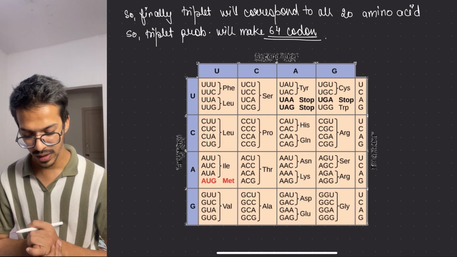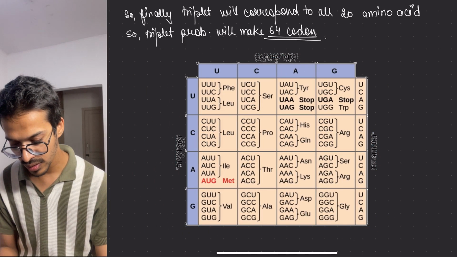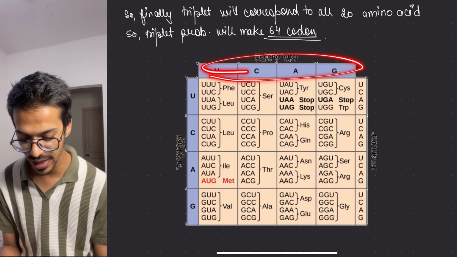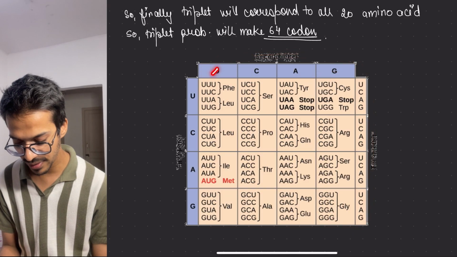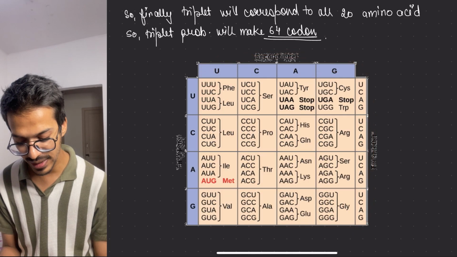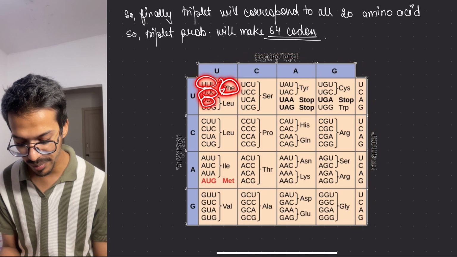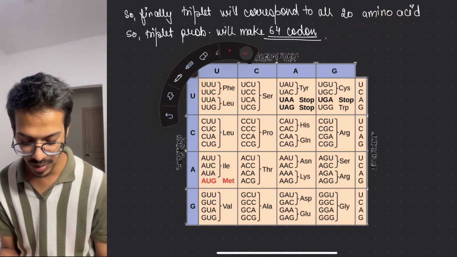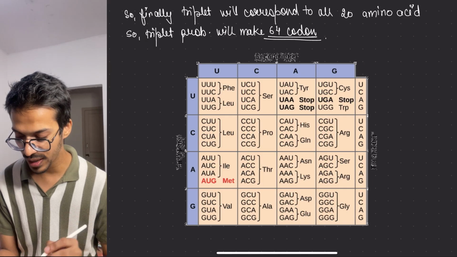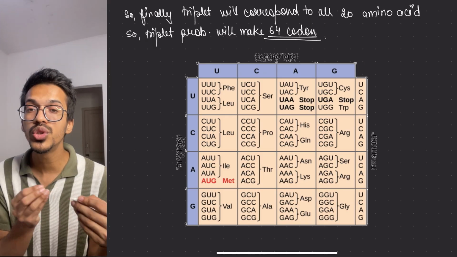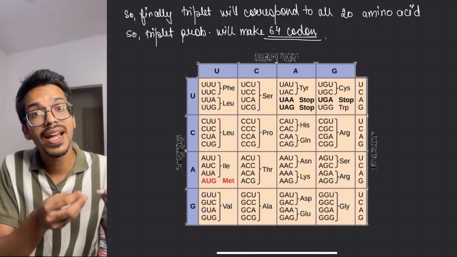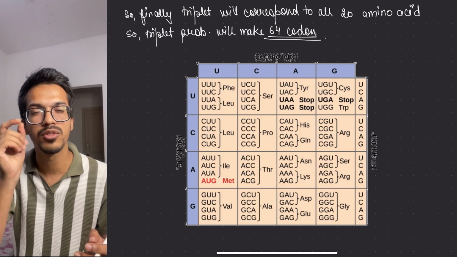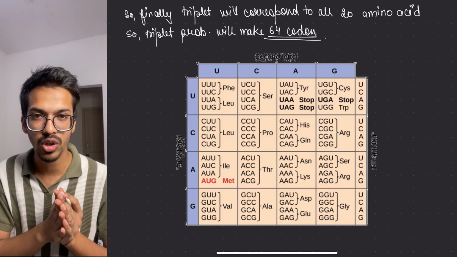Can you see there is one nitrogenous base, another nitrogenous base, and a third nitrogenous base, and they are making triplets? And these triplets correspond to an amino acid. Like UUU corresponds to phenylalanine. UUC will correspond to phenylalanine as well. Two different codons correspond to the same amino acid.